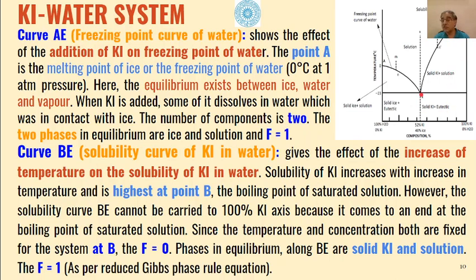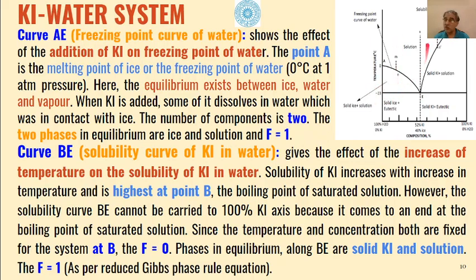Then E is the eutectic point, and at the eutectic point the percentage composition is 52% of potassium iodide and 48% of ice. And at eutectic point E, the temperature is minus 23 degree centigrade.